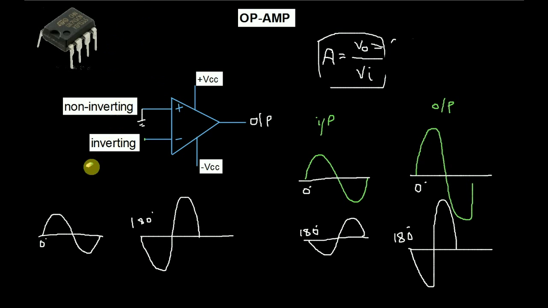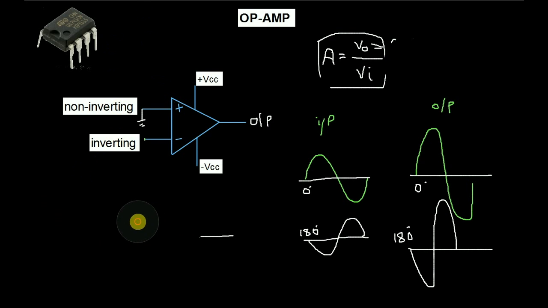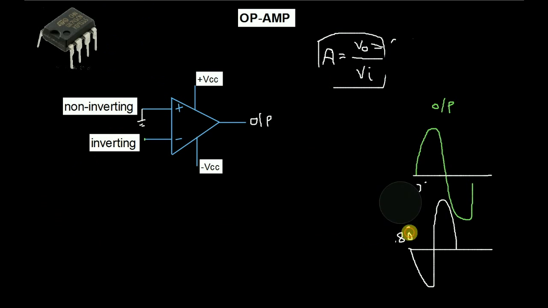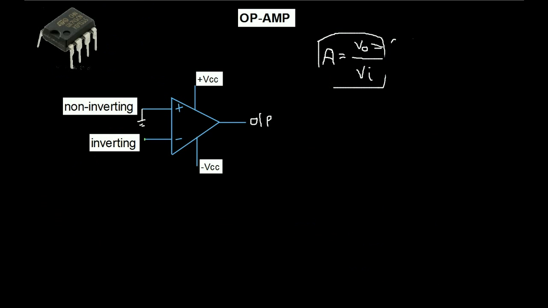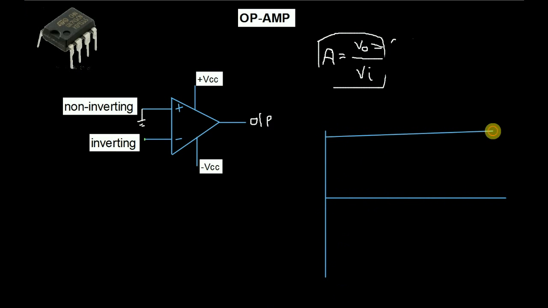Now we will discuss the biasing terminals, plus VCC and minus VCC. Let's say that we have used a 9-volt battery, plus 9 and minus 9.